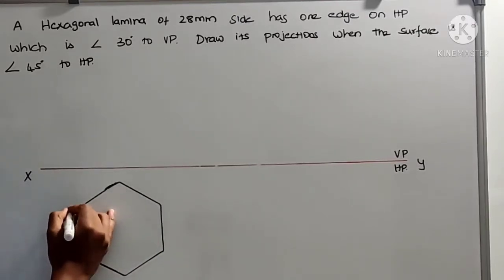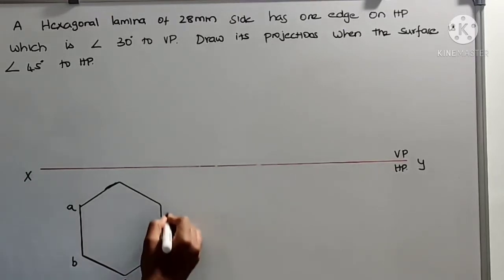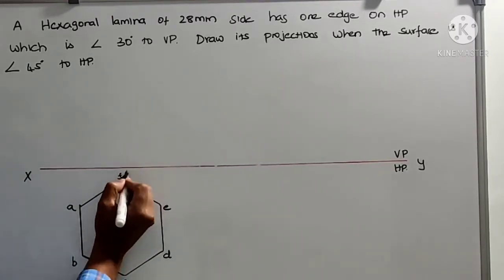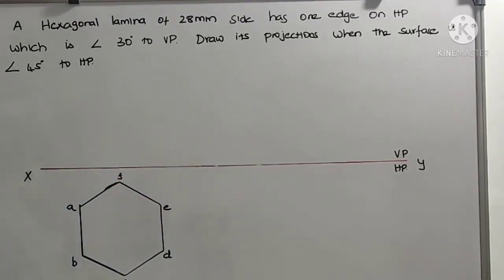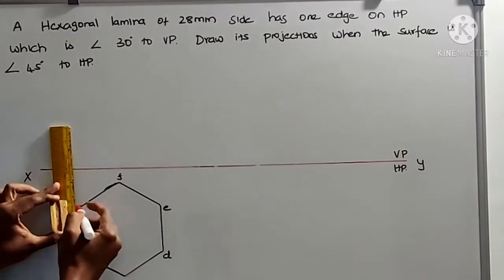So let me name this A, B, C, D, E and F. Okay. So now you need to draw the top view and the front view of the simple position.